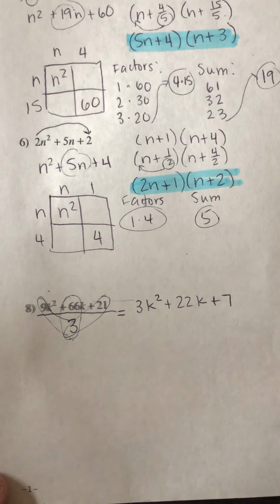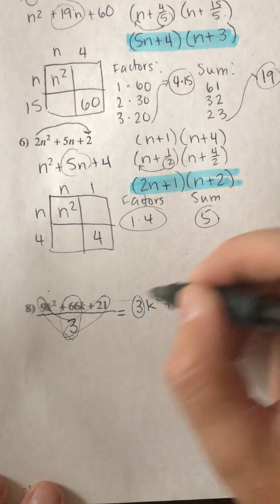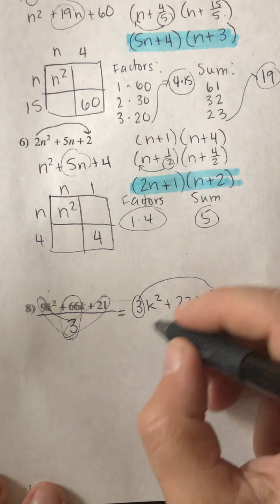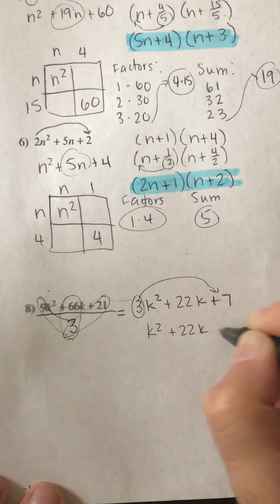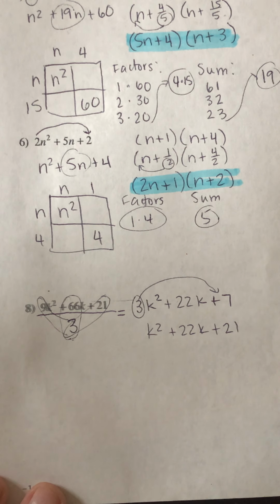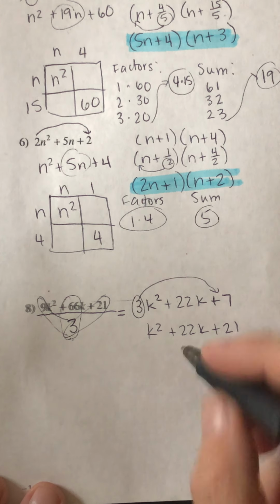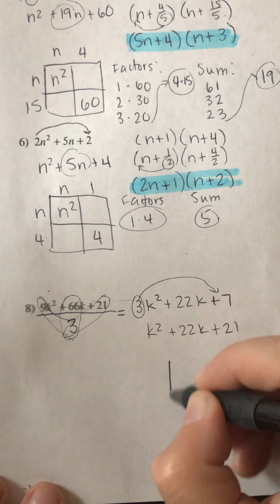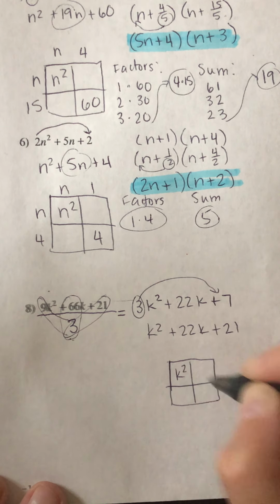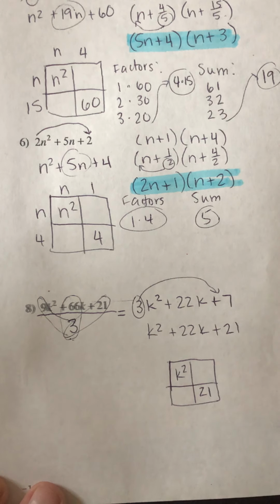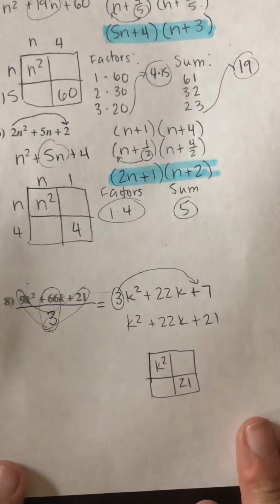From here, we can take it the same exact way as we have been. So we're going to do 3 times 7, and we're going to get k squared plus 22k plus 21. Much easier to work with here. We're going to factor using our box. Everything's positive, so we're looking for positive numbers here.